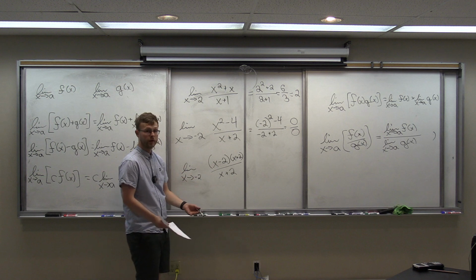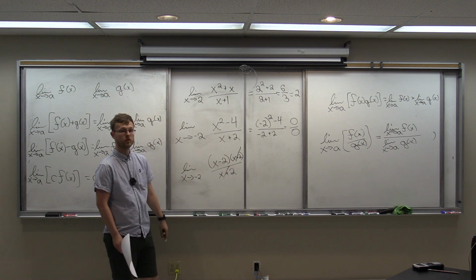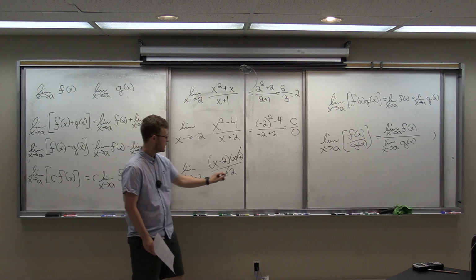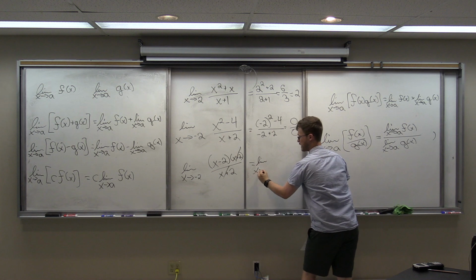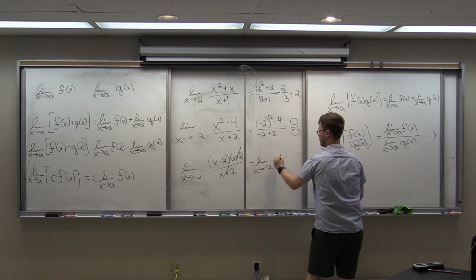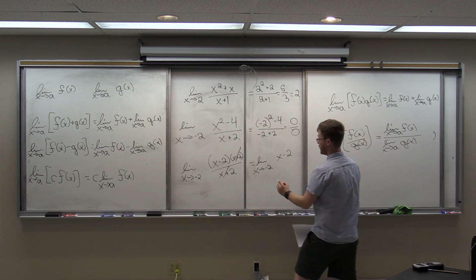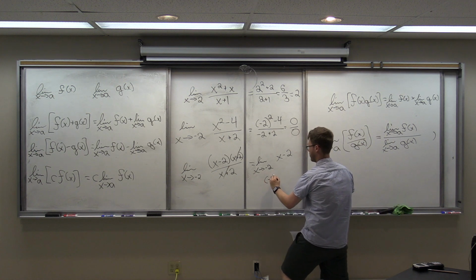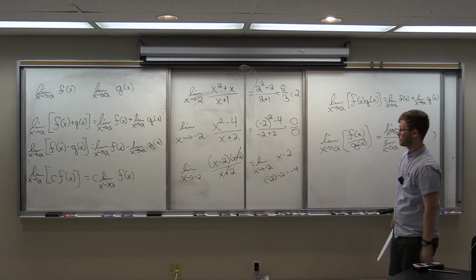Now I see what's going on and why there is actually an answer to this, because I can cancel out like terms in the numerator and denominator. So this is actually equal to the limit as x approaches -2 of x minus 2. Well, if I plug -2 into that, I get an answer, -4.